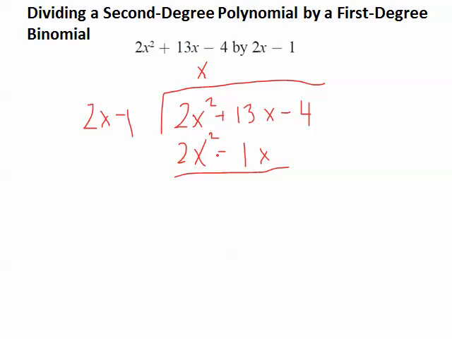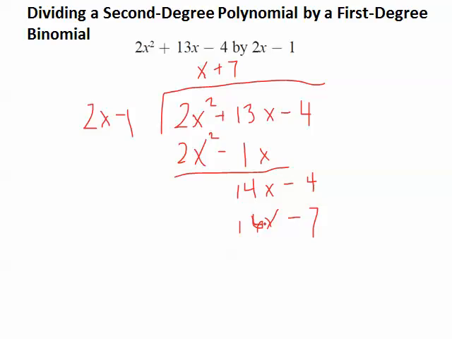Okay, so I now subtract this. I'm going to get 14x minus 4. So if I multiply this one by 7, I get 14x minus 7.